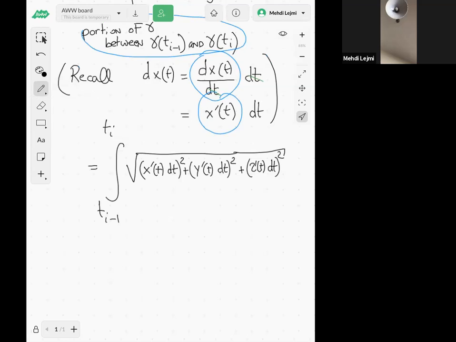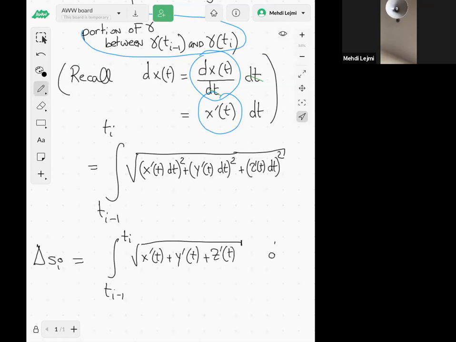So this is the length, the arc length, of the portion of gamma between gamma of t i minus 1 and gamma of t i. This is equal to this single variable integral between t i minus 1 and t i of the square root of x prime of t squared plus y prime of t squared plus z prime of t squared, and then there's the dt outside.